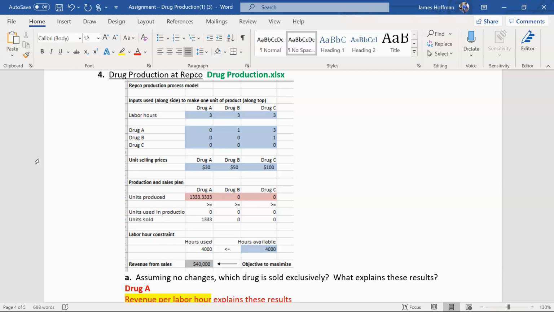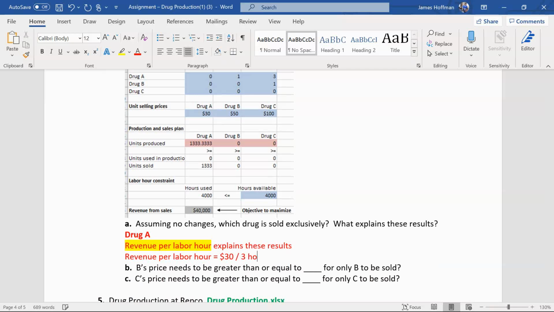Drug A should be the easy one. 3? Yep. That gives us a nice even $10 per hour in revenue per labor hour for drug A.